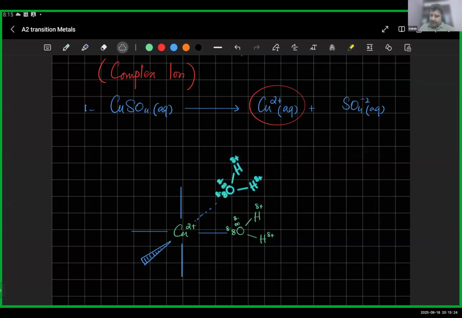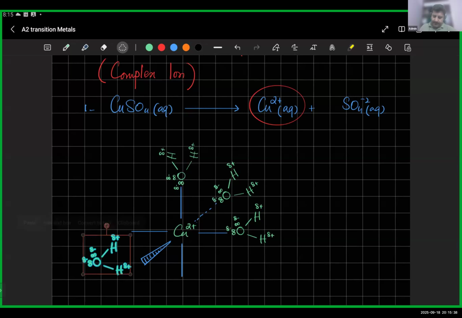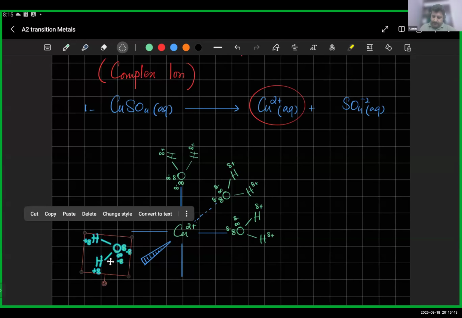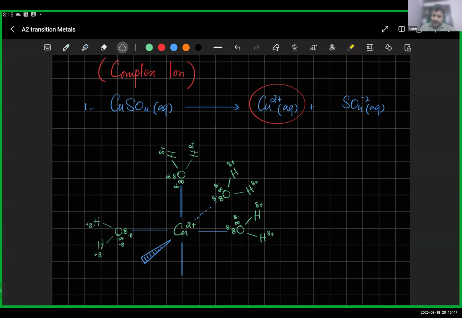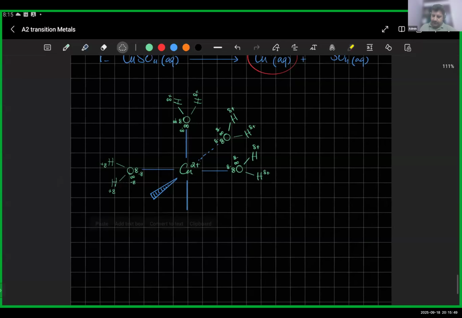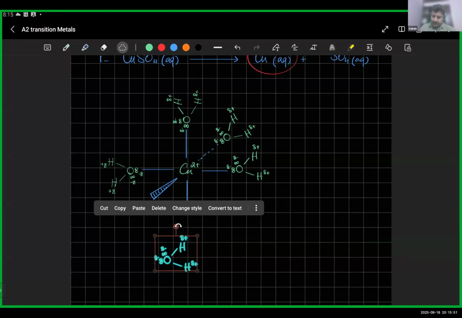And they're going to be attracted from all sides, so they're going to completely surround this copper ion, and they'll be sticking to this copper ion in the middle. Let me draw one or two more, one second.